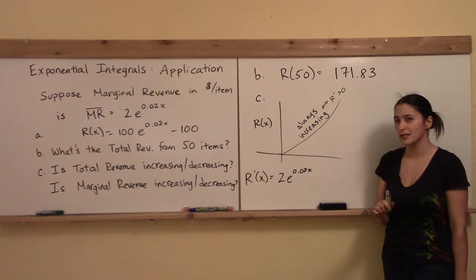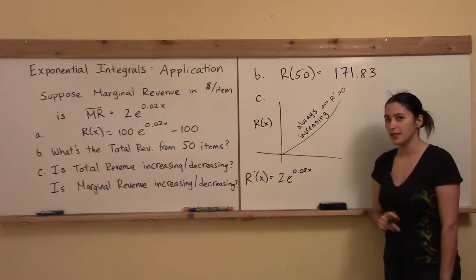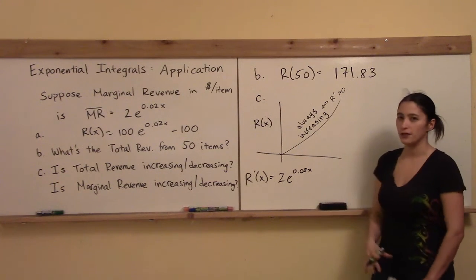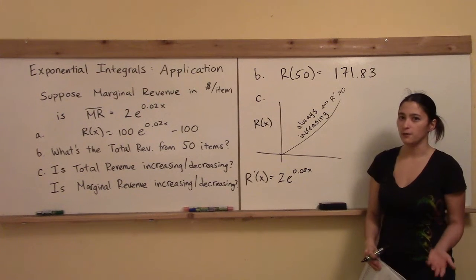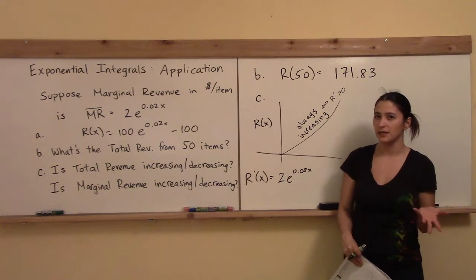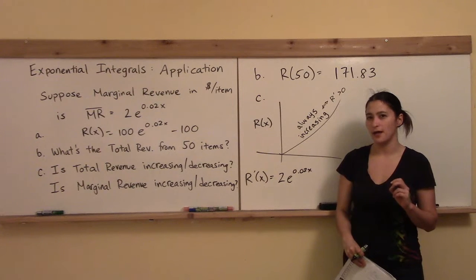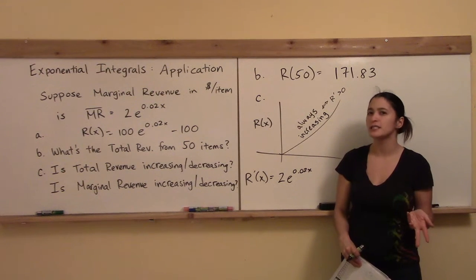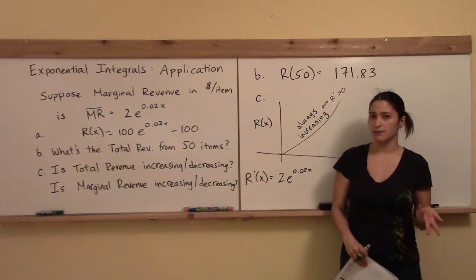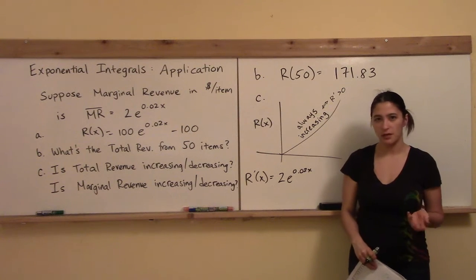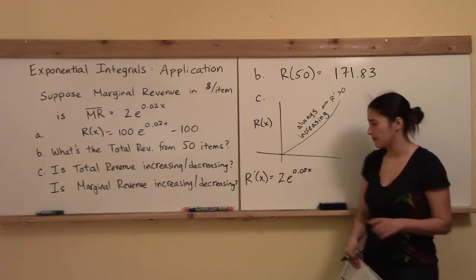Here's where it's going to come in handy to understand the review material on e to the a. What did I say about the number e raised to any number a? E to the a is always positive. It's never equal to 0, and it's never equal to a negative number.